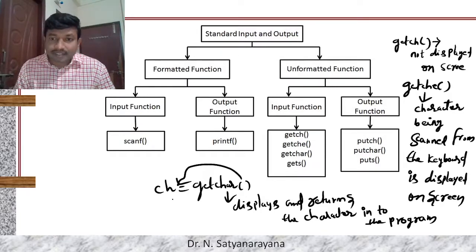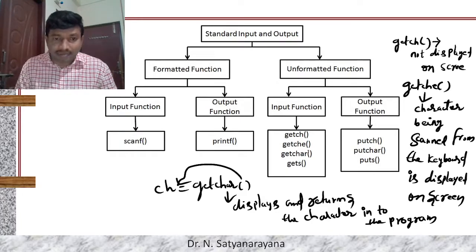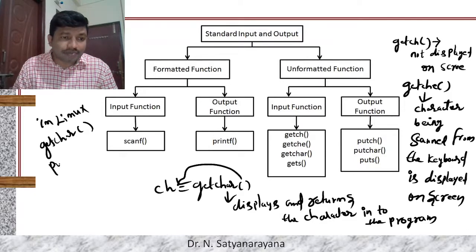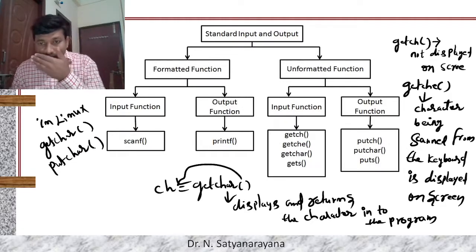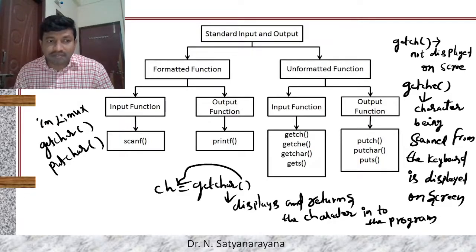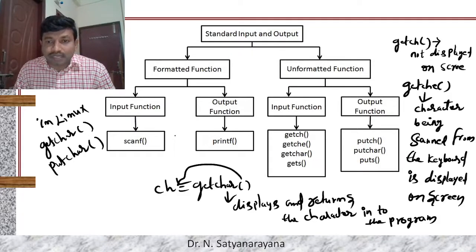In fact, if you are executing C programs in Linux or Linux flavors of operating systems, even in Ubuntu, getchar and putchar will work as character related functions. However, getch and getche won't work in Linux flavored operating systems. Why?